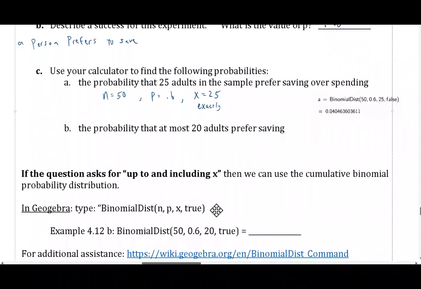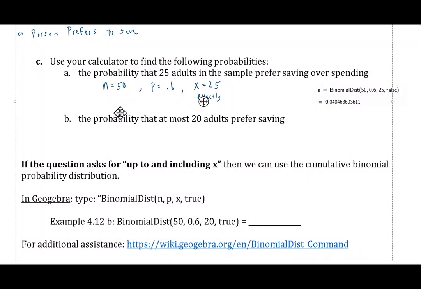All right, part C now says, what is the probability that at most 20? At most 20 means 20 or less prefer saving.